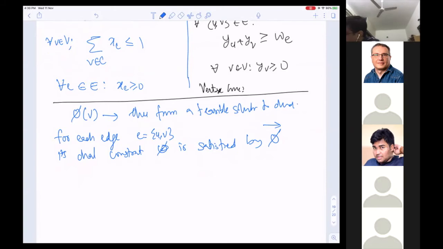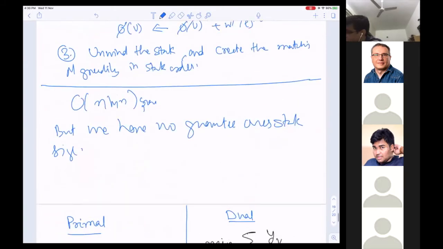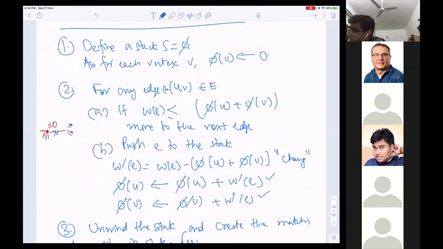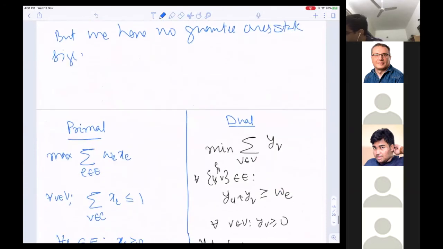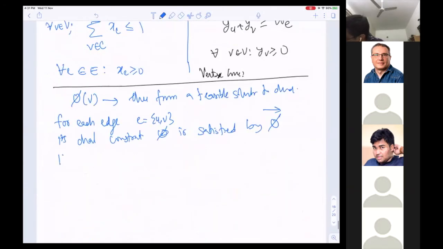So what does this algorithm do? If weight of E is less than phi U plus phi V, then it discards this edge. So if an edge E is discarded, then what we know is phi U plus phi V is greater than or equal to the weight.